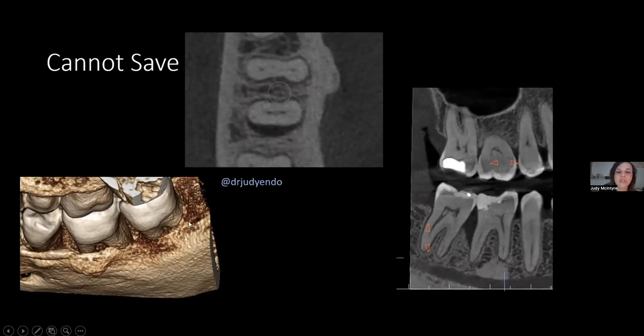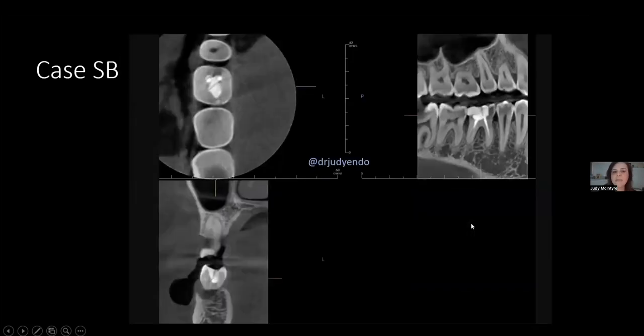And you can see on the volume rendering here, right? Distal to this second molar is bone, right? You can see this here. And on that first molar, you can see straight down into the root and probably even that crack, if I'm not hallucinating right there. So when you can see down in, those teeth can't be saved.